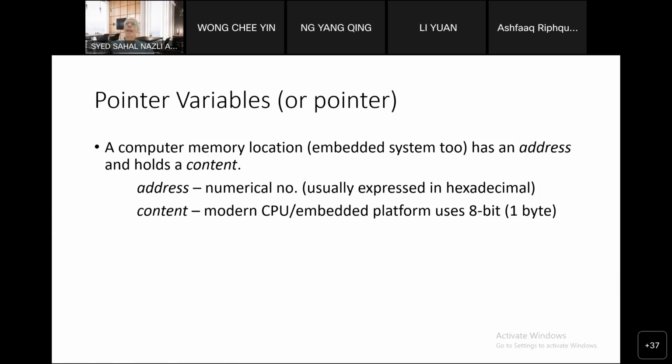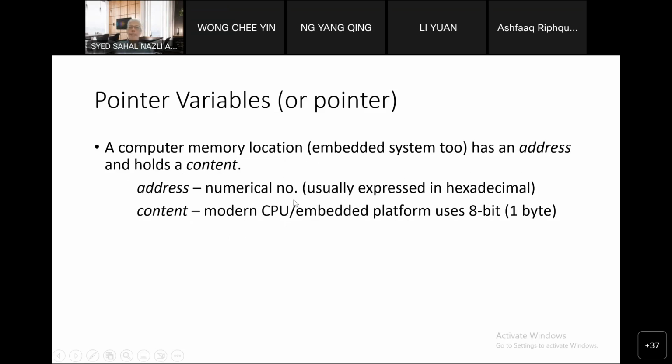But the address is always available. The content is up to the system or to the programmer: how you put the value, or either the value is not being used, so whatever value inside the content is not valid.